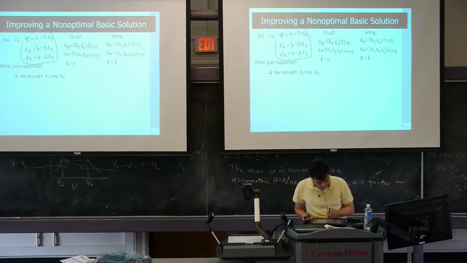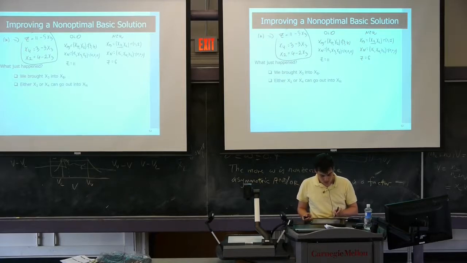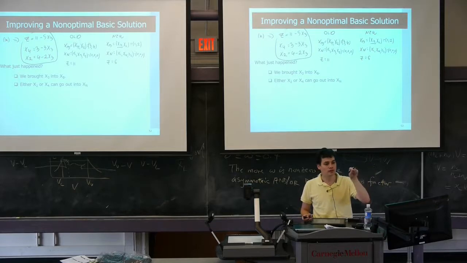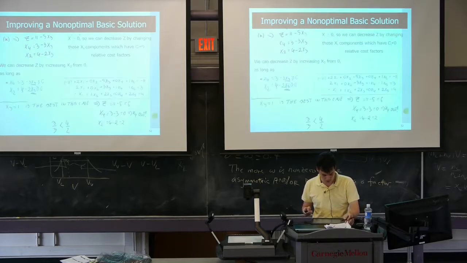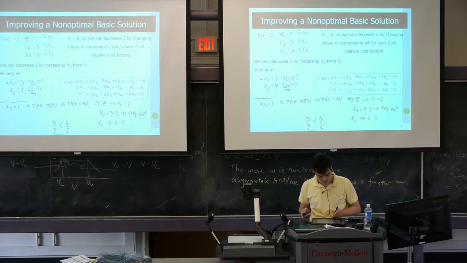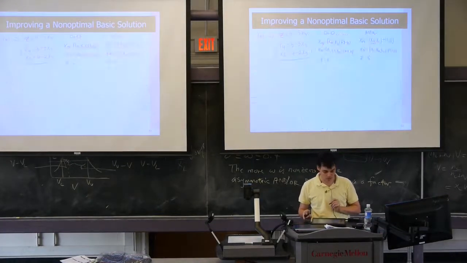We brought x3 into the basis, based on the cost function, because the relative cost factor of x3 was negative. So x3 comes in, and either x2 or x4 could go out. We checked this ratio, and based on it, we decided that x4 goes out.